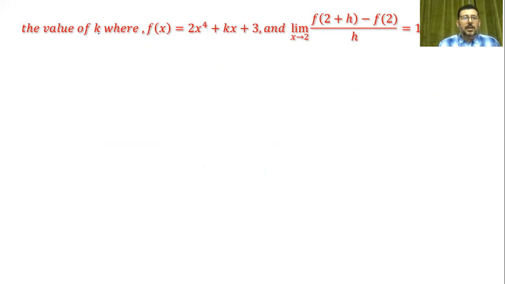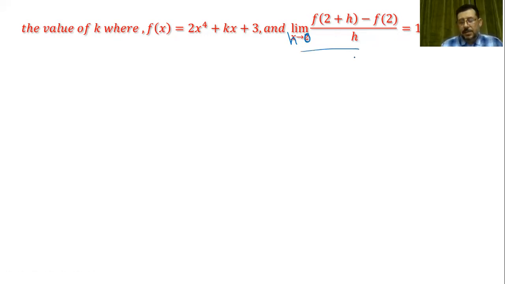Find the value of k where f of x equals 2 times x to the power 4 plus k times x plus 3, and the limit of f of 2 plus h minus f of 2 over h as h approaches 0 equals 10.